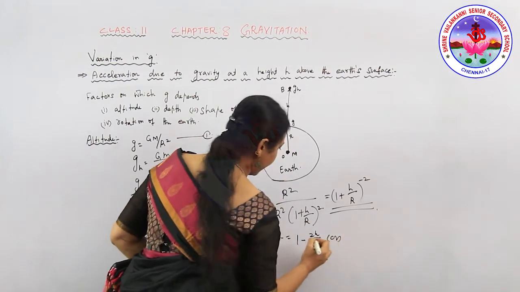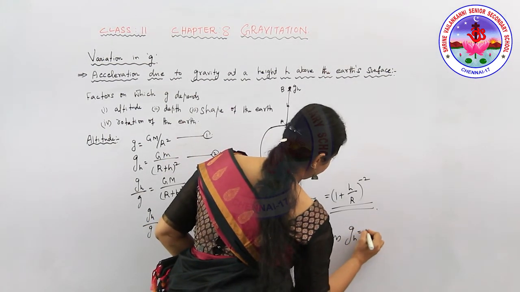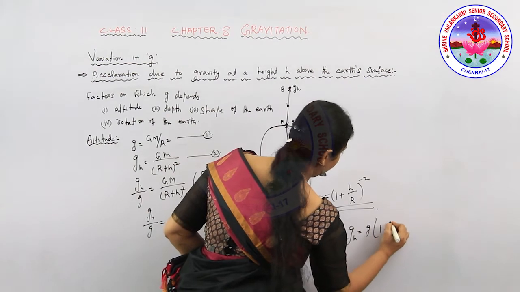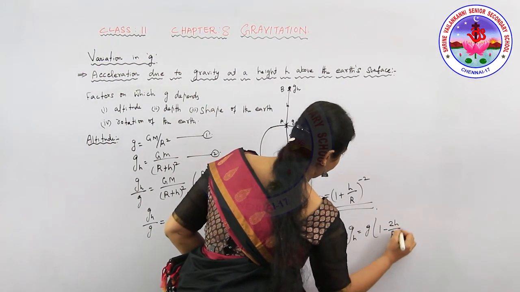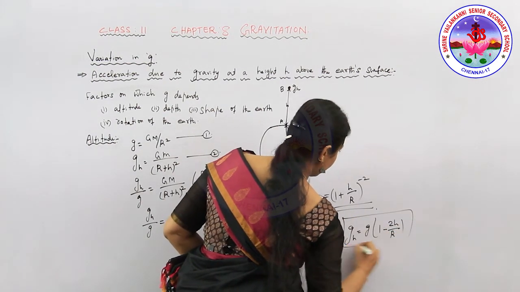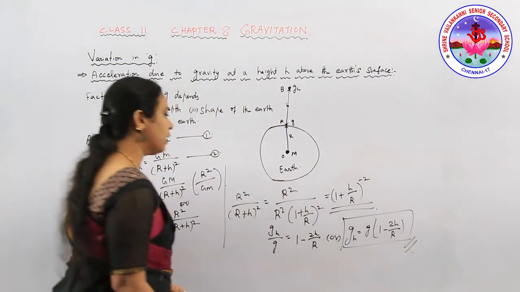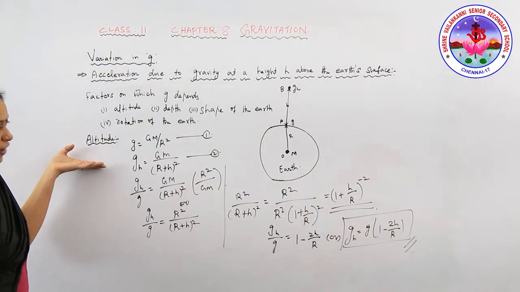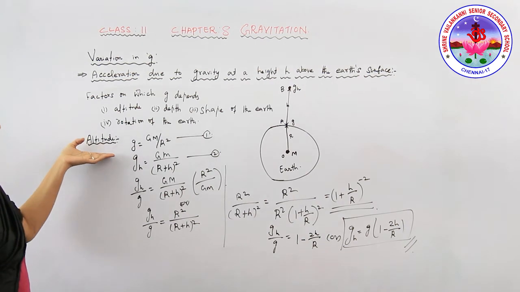Or else we can write gh equal to g into (1 minus 2h by r). So this is the value showing the dependence on altitude.